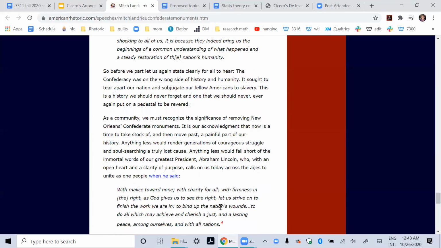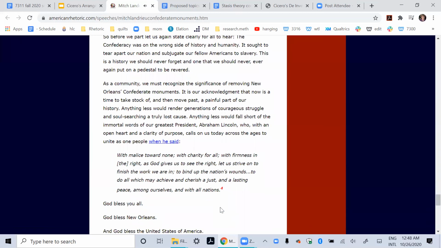Anything less would fall short of the immortal words of our greatest president, Abraham Lincoln, who with an open heart and a clarity of purpose calls on us today across the ages to unite as one people when he said, with malice towards none, with charity for all, with firmness in right as God gives us to see the right.